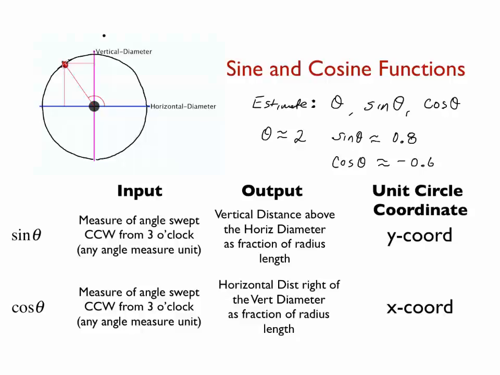If we wanted to write the coordinates of this point, after all, we were after the location of the bug for any angle. So that's going to require 2 coordinates. What do I write first? Negative 0.6 and 0.8. So as coordinates, the cosine is the x-coordinate and the sine is the y-coordinate.